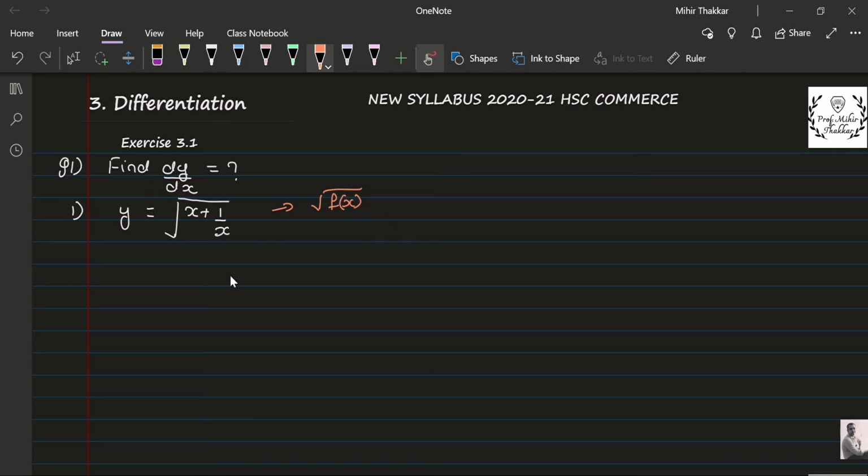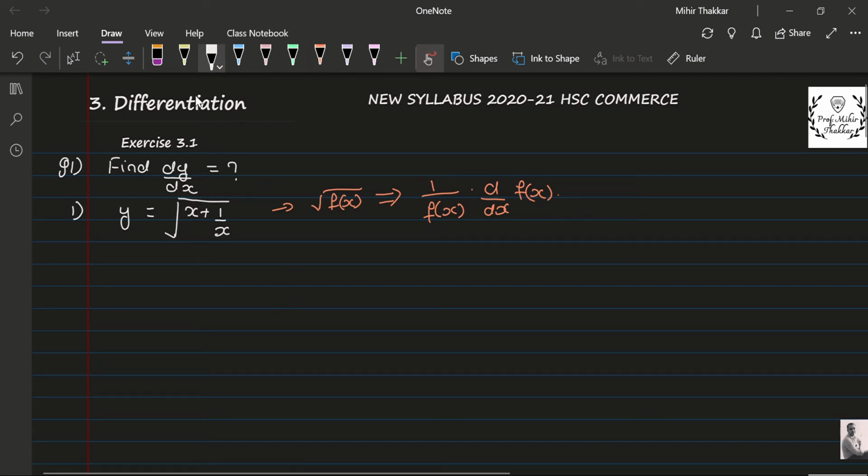Whenever we come across this kind of function, I get a value inside the square root as f(x). So the derivative of this is 1 upon 2 root f(x) multiplied by the derivative of f(x). And what is f(x) over here? x plus 1 upon x is f(x).